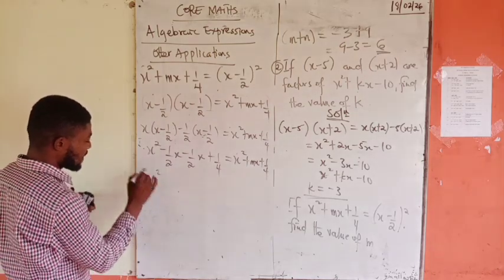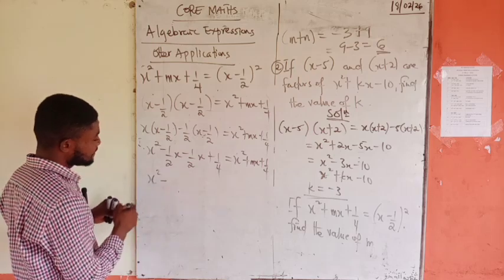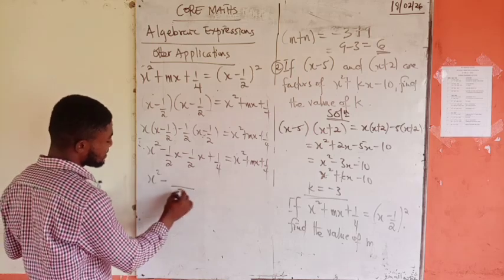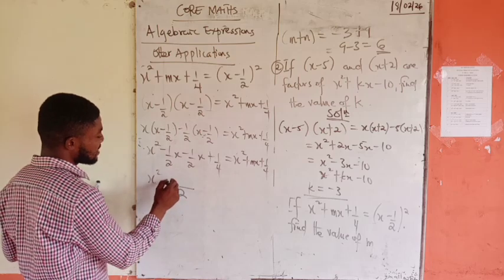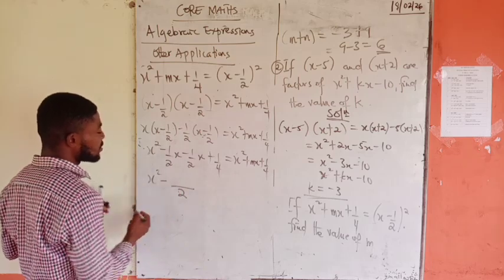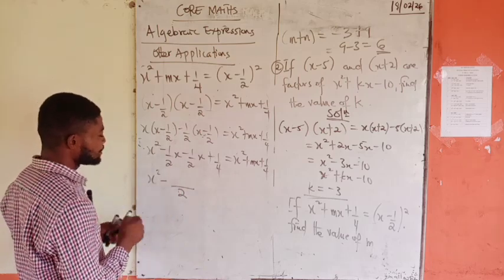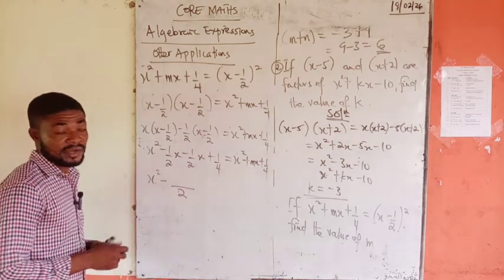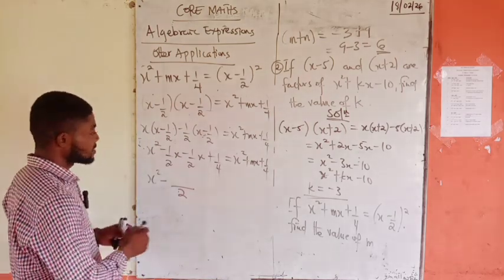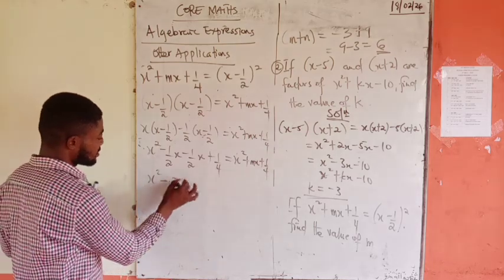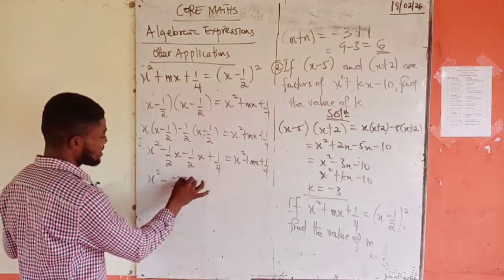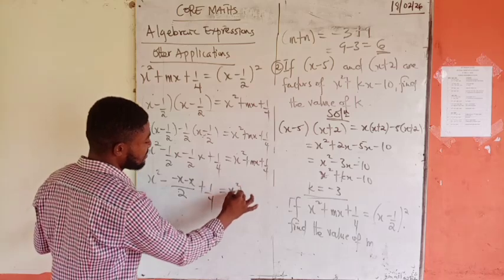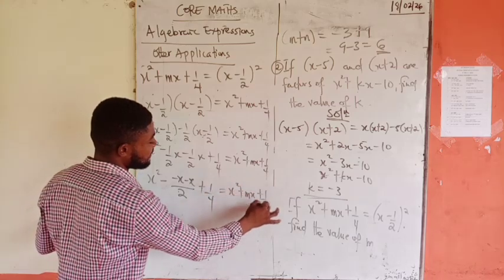X squared minus, the same denominator, so I just pick one of them and the LCM, and then I subtract minus x, which will give me minus 2 of the x, right? So it will give me minus 2 of the x. So minus x plus 1 over 4 is equal to x squared plus mx plus 1 over 4.